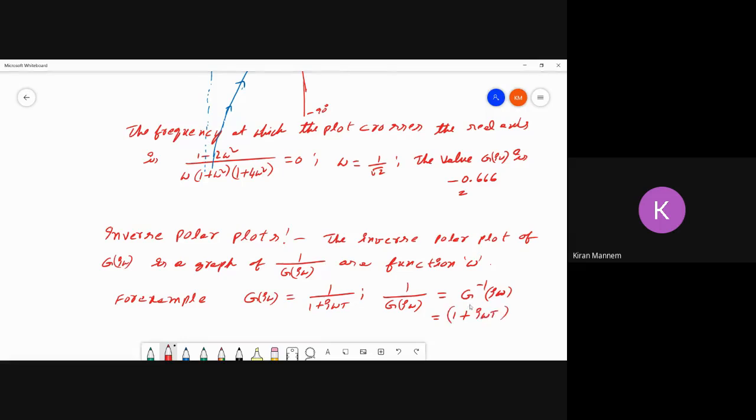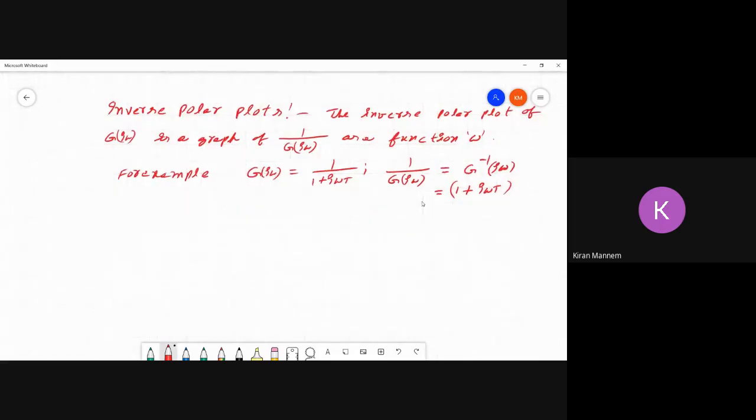So g inverse of j omega has a magnitude of root of 1 plus omega square t square at an angle of tan inverse omega t.